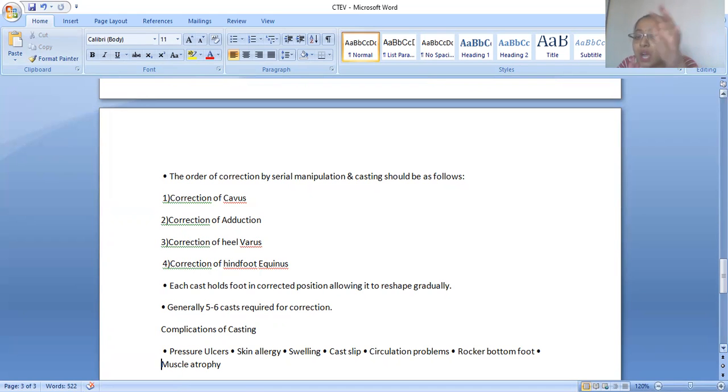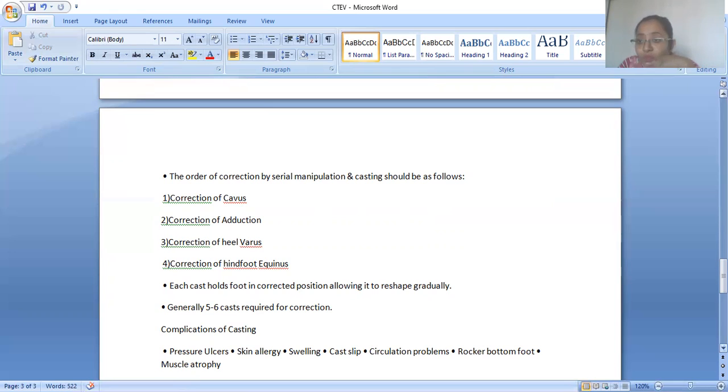Then the maintenance phase will be there. After that, casting will be done for 2 weeks. Then the mother will be educated for the manipulation, and the corrected position will be maintained with an orthotic device, and other advice will be given.